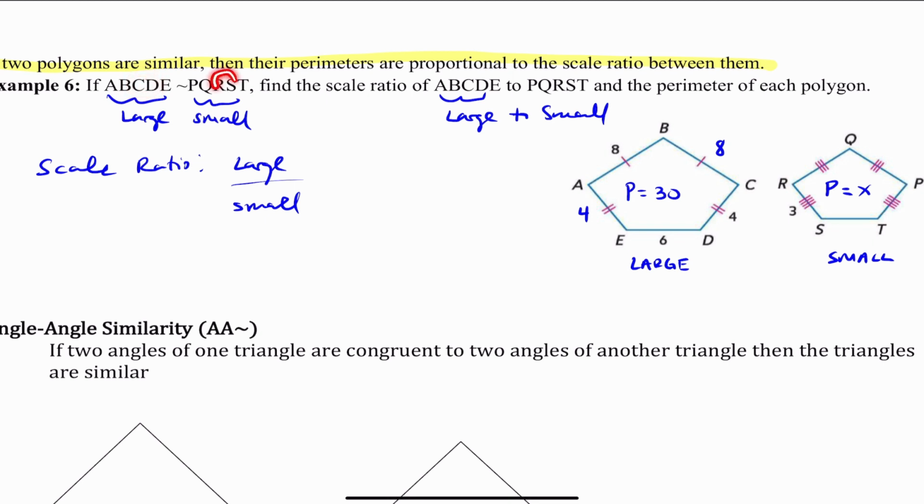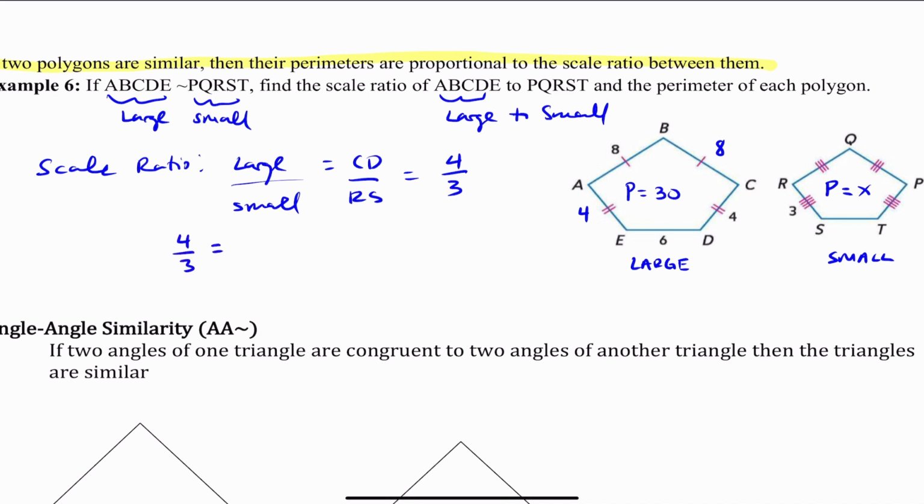It should correspond with RS, right? Because it should be the third and the fourth letter. So I should look at the third and the fourth letter for the other statement. So I'm going to go from 4 to 3. So it's CD to RS, so that's 4 to 3. So my scale ratio is 4 to 3.